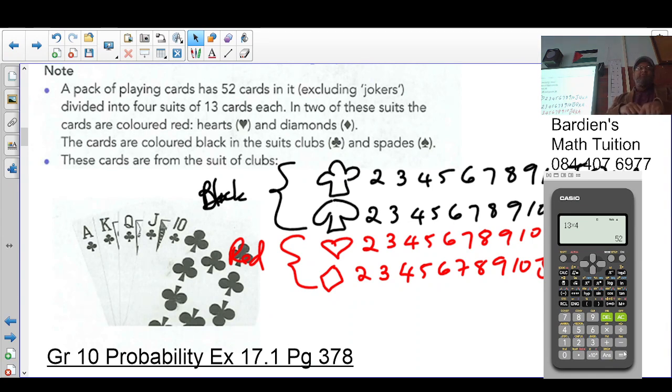If we are busy with another subject, maybe we'll put them in. But maths, no time for jokes. We leave them out. So whenever they say we are considering a pack of playing cards, they don't consider jokers. Some games you need the jokers, but anyway, we don't use that.